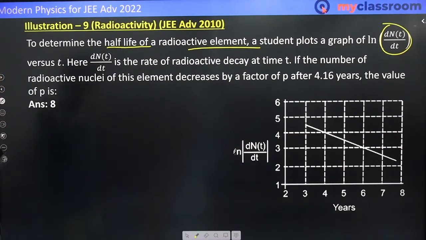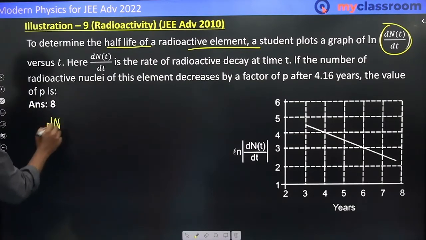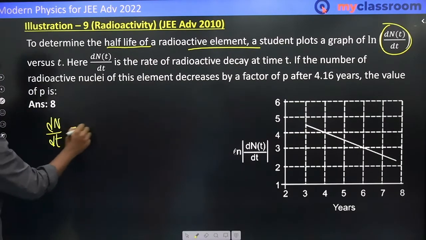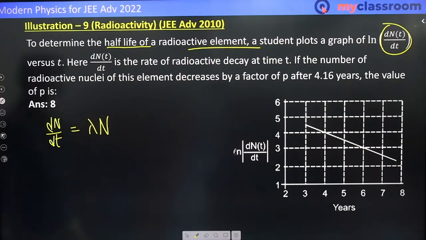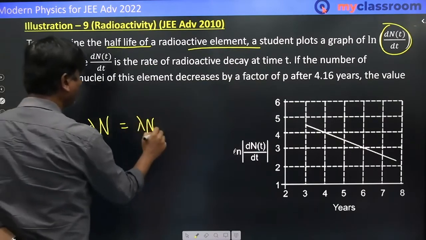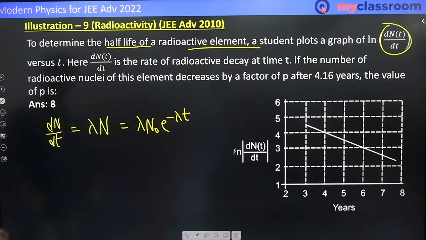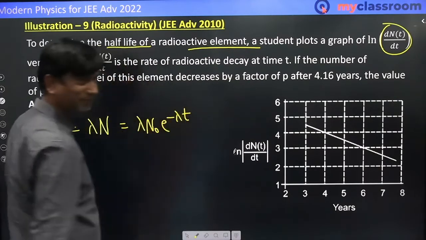Okay. So first of all, rate of disintegration, dN/dt. Rate of disintegration, we know that it is lambda N. Yes or no? Okay, lambda N. But they are asking with respect to time. So here time is not there. So let us put that lambda N you can write as N naught into e power minus lambda t, because you want the relation between this one and time.